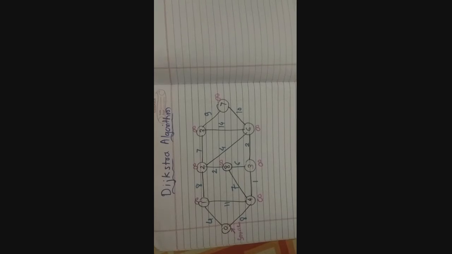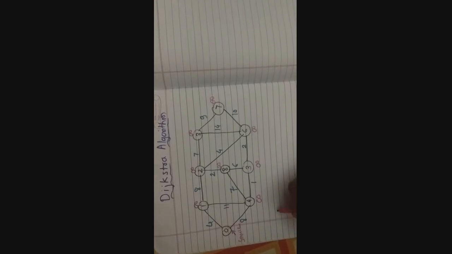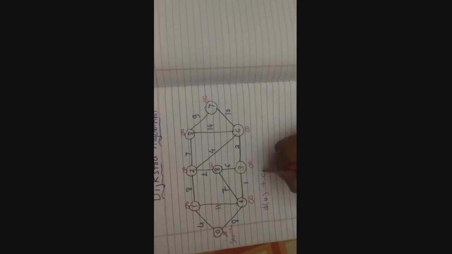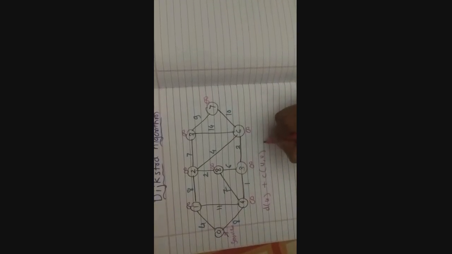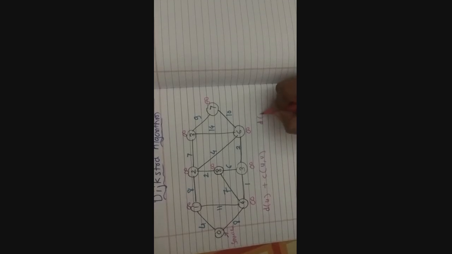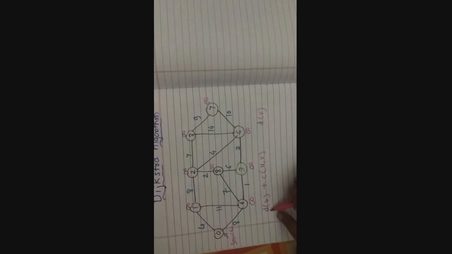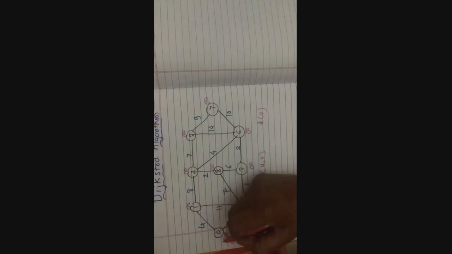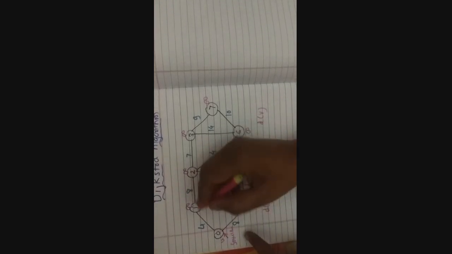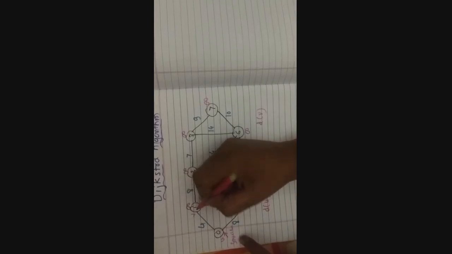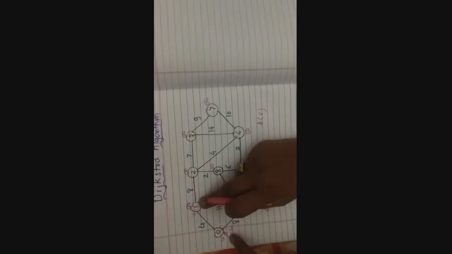Now let's see the formula: distance of u plus cost of u to v, compared with distance of v. Here, distance of u means this source, and u and v are here: this is u and this is v.